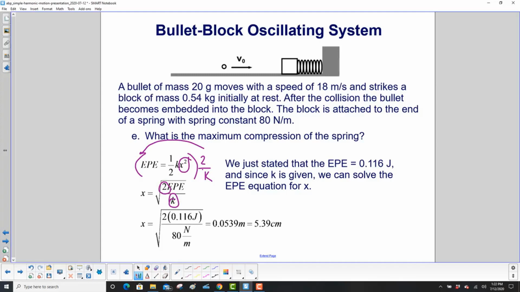But we want x, not x squared, so that's why the square root is here. Put the numbers in. 2 times 0.116 joules, which is the maximum elastic potential energy, divided by the spring constant, and we get 0.0539 meters, or 5.39 centimeters. To go from meters to centimeters, move the decimal 2 to the right. So that's 5.39 centimeters.